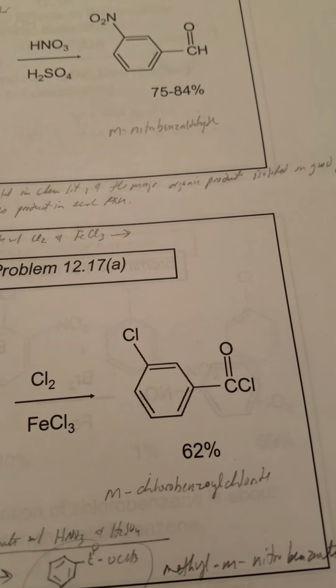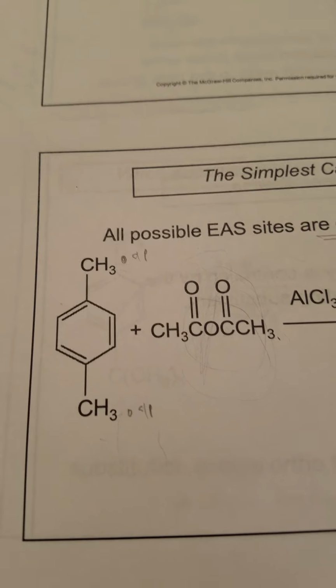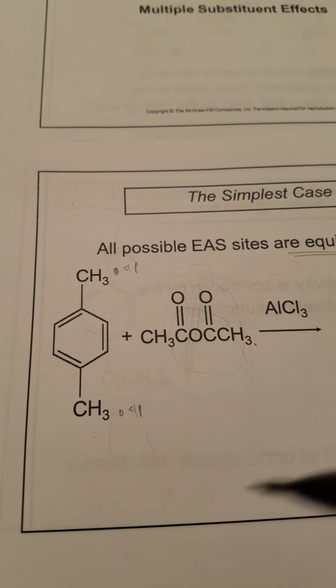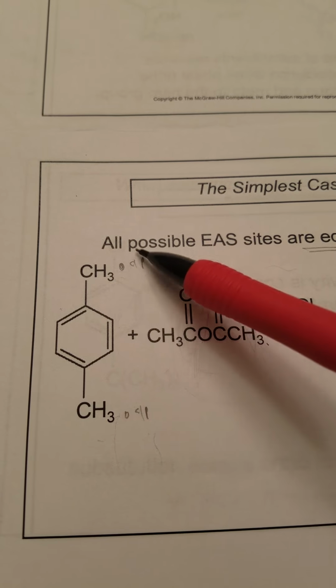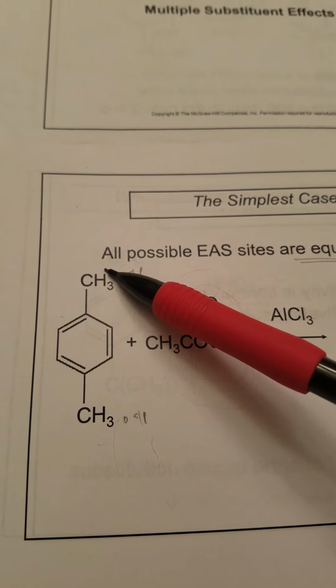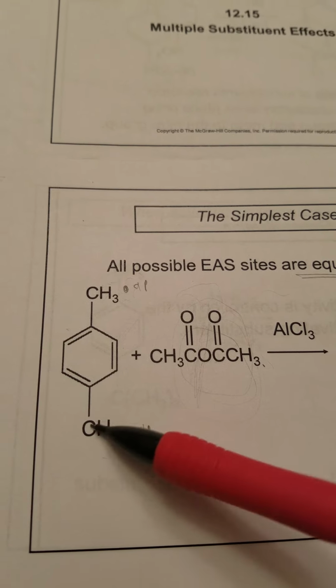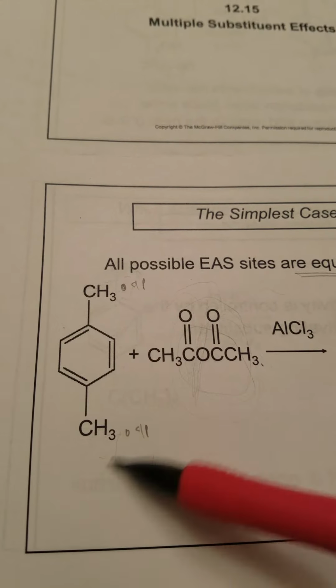So we're going to skip on over to looking at multiple substituents. If we already have two substituents here, we have two methyl groups. Both of these are ortho-para directors. So it really doesn't matter what I do, because if I put it here or here, it's ortho to this part of the compound, or here and here, it's ortho to this part, and it's going to be equal regardless.